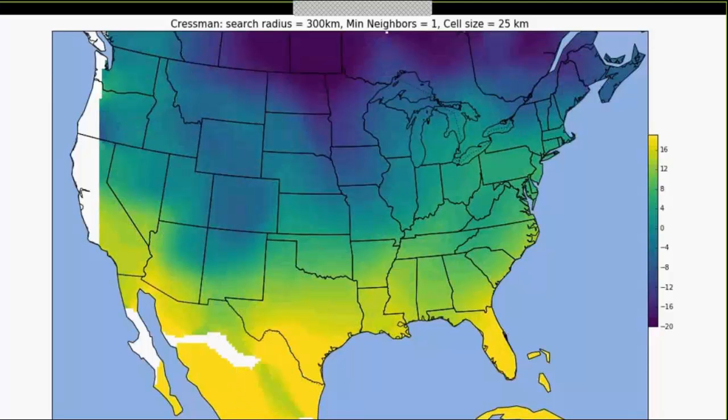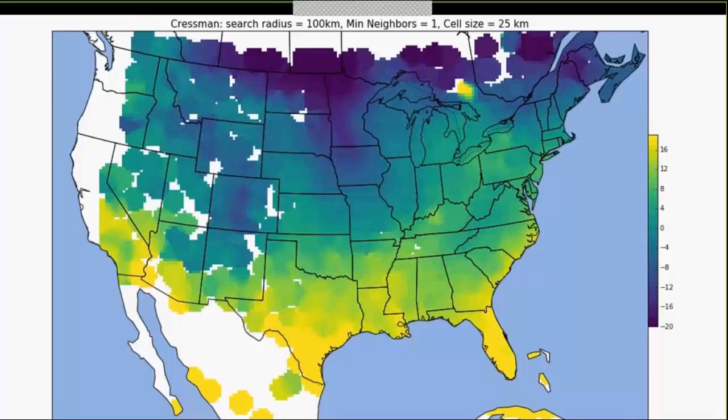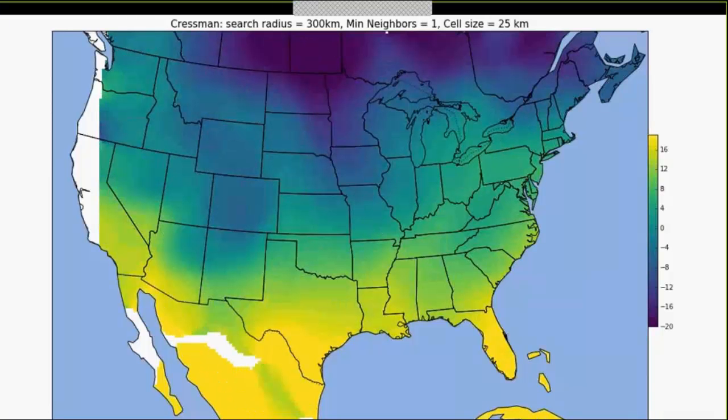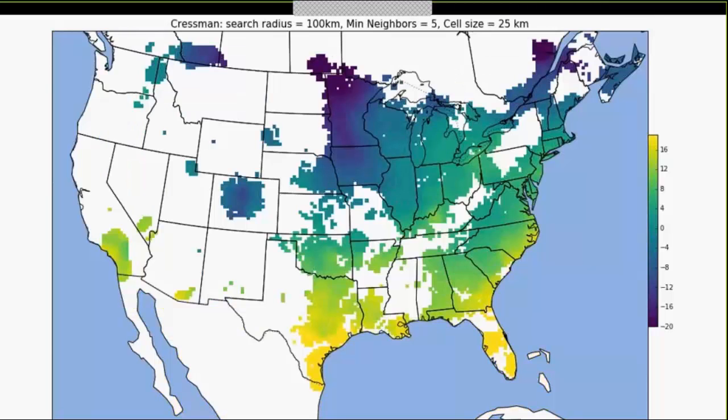You can get rid of those by changing your search radius, so things get a little smoother. I think one good thing about inverse distance weighting is that if you have a large enough search radius, things are pretty smooth, especially on this scale. But sometimes you don't want that sort of smoothing.